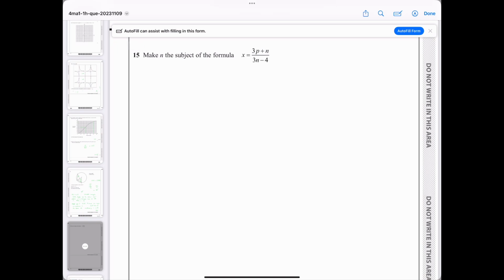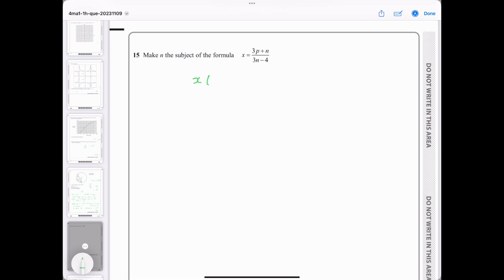Make n the subject of the formula. I'm not going to write it out again. I'm just going to times out by 3n minus 4, and that equals 3p plus n. I'm then going to expand the bracket on that side.